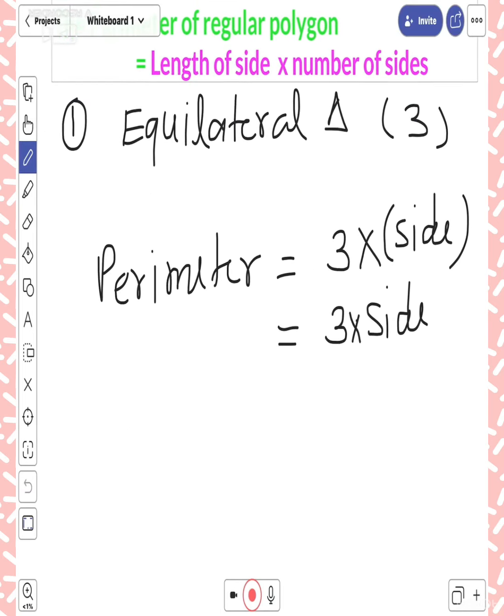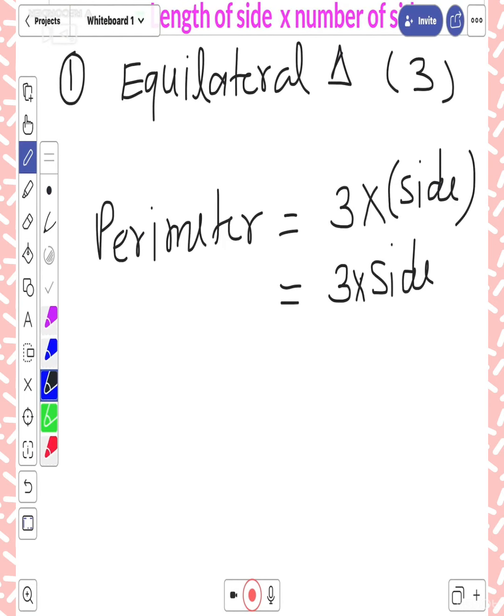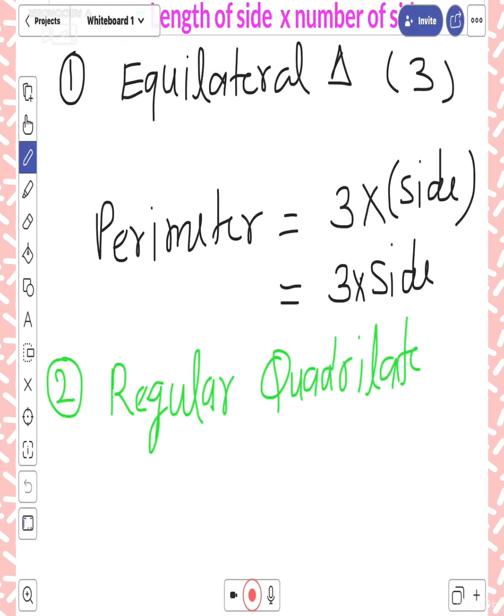In the same way you can use this formula for a regular quadrilateral. Number 2, that is a regular quadrilateral. So how many sides in the regular quadrilateral? There are 4.